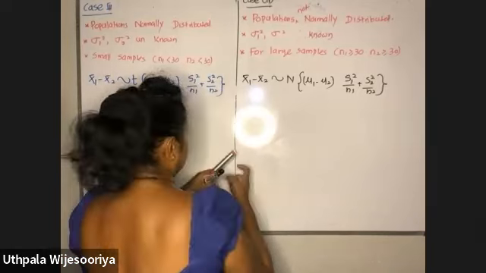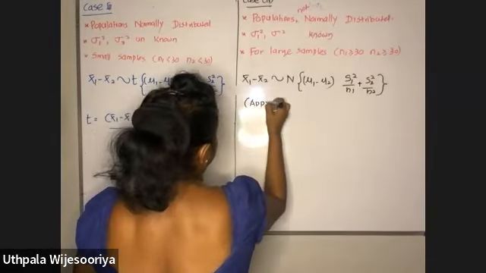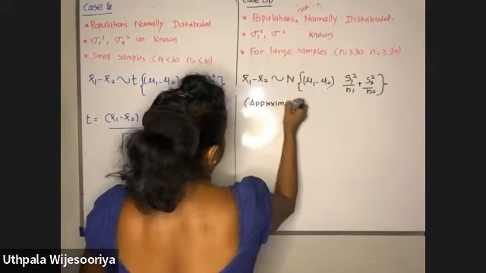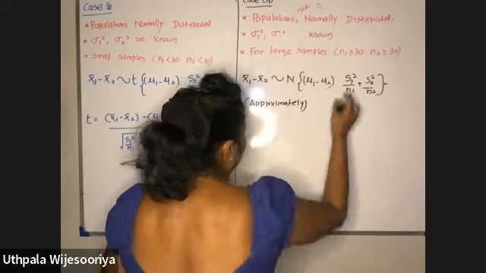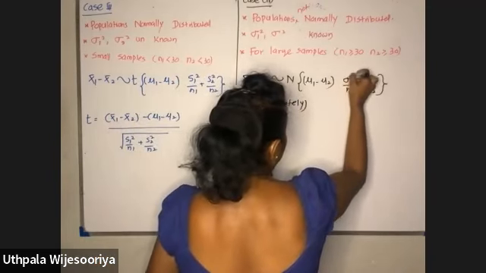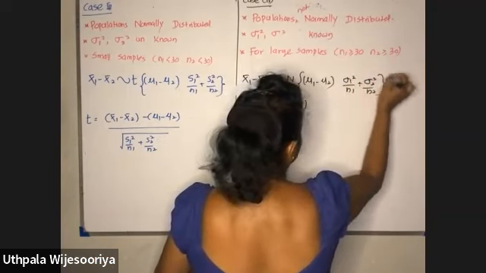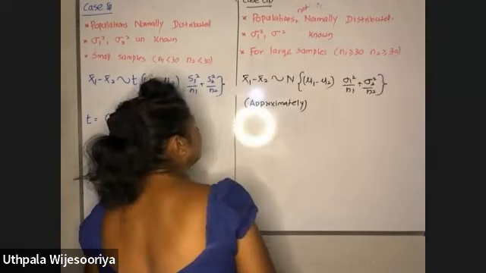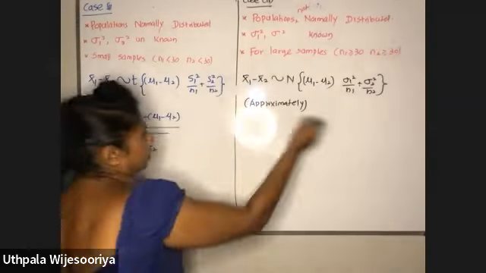with mean mu1 minus mu2 and variance sigma 1 square over n1 plus sigma 2 square over n2. For large samples and non-normal populations, this is approximately normally distributed.